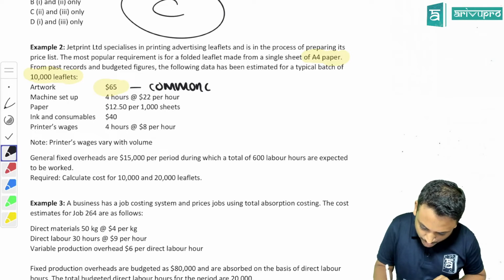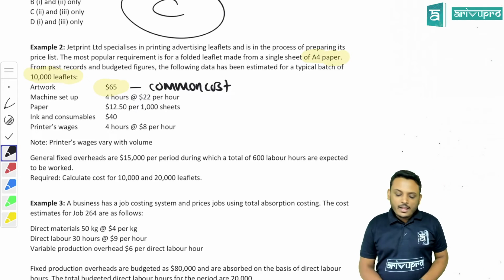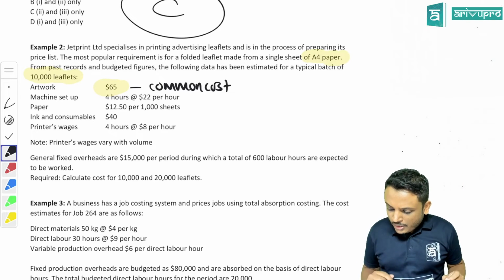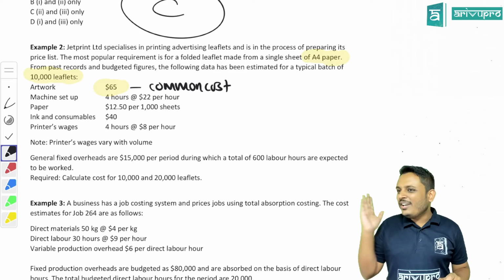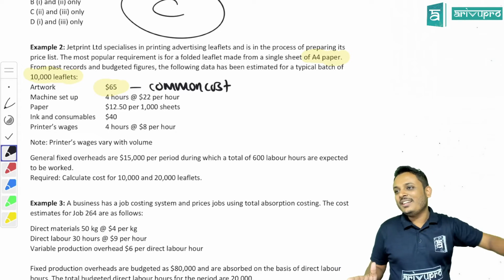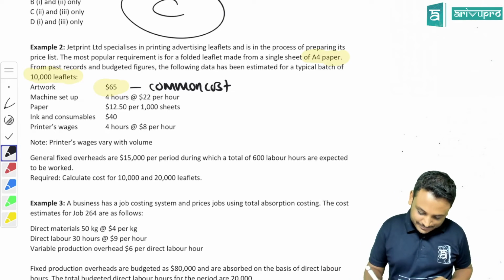Machine setup: 4 hours at 22 per hour. Once you set up the machine, whether you print 10,000 or 20,000, that is fine. Understood? Common.